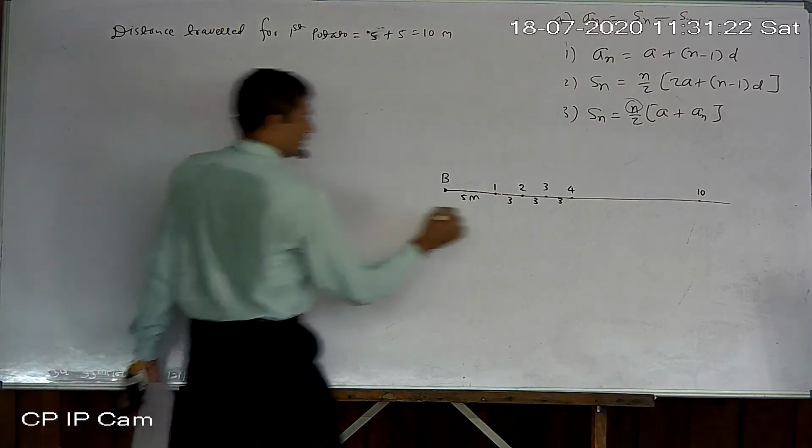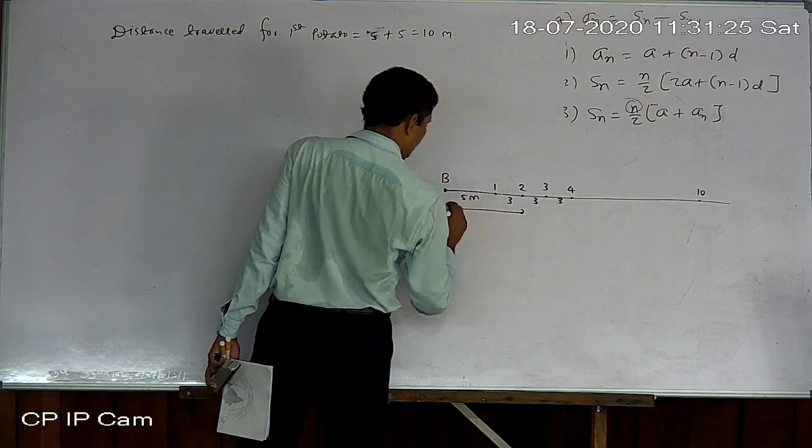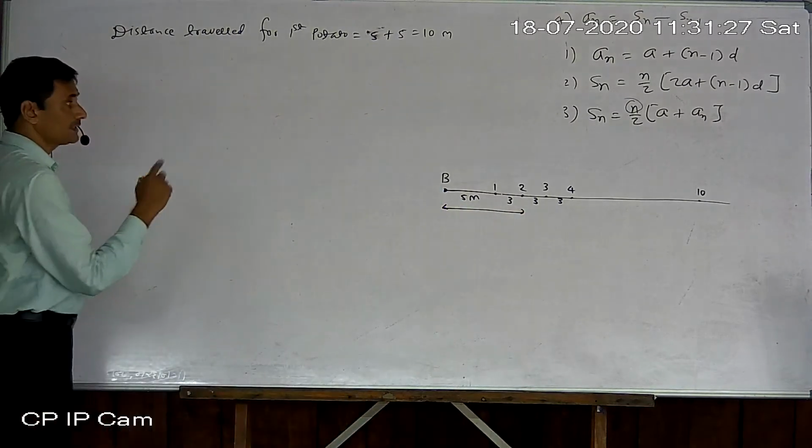Now for the second one, he has to come up to this point, which is 5 plus 3, 8 meters far.